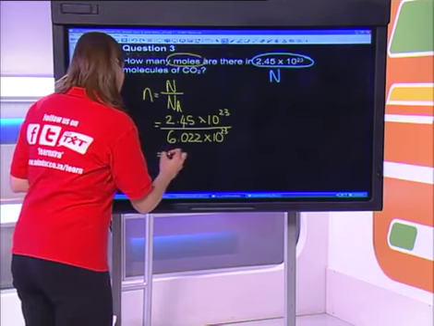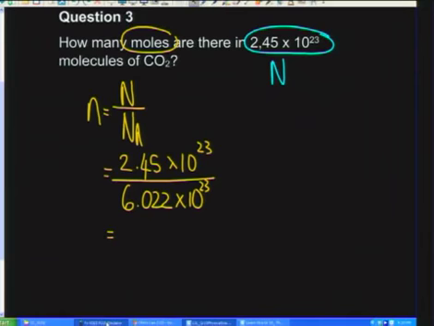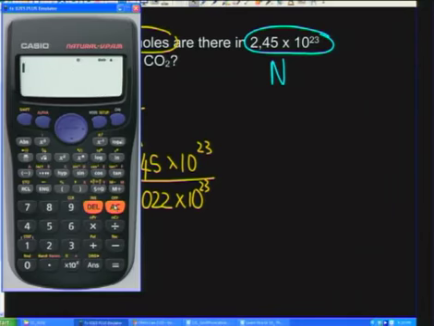And so we can go along to our calculator and clear those. It was 2.45 times 10 to the 23 divided by 6.022 times 10 to the power of 23 equals, and I want it as a decimal, so 0.406, but I want this to 2 decimal places.